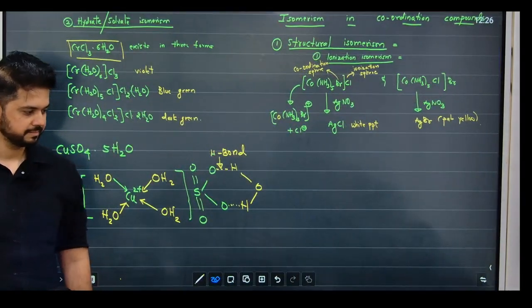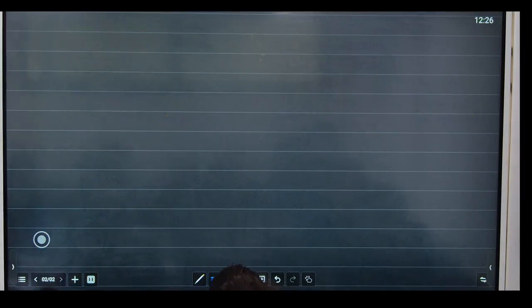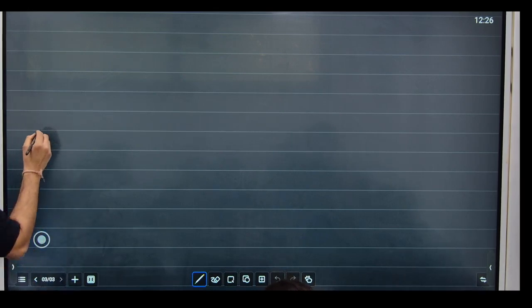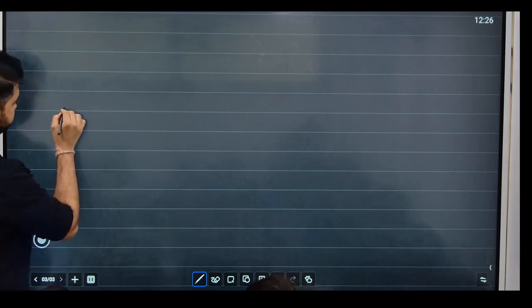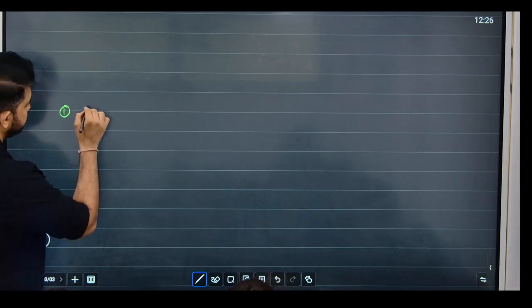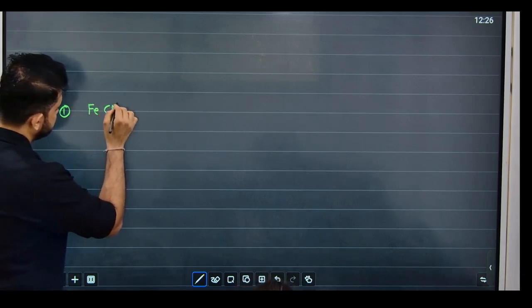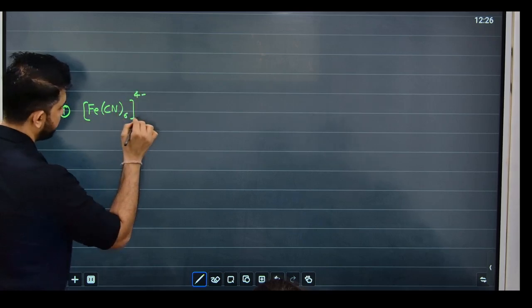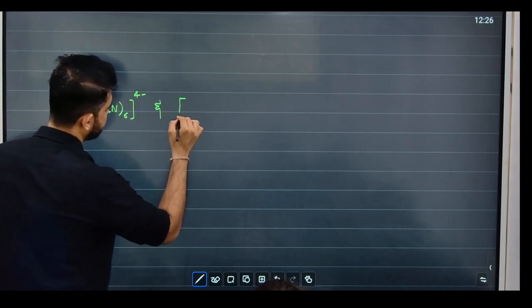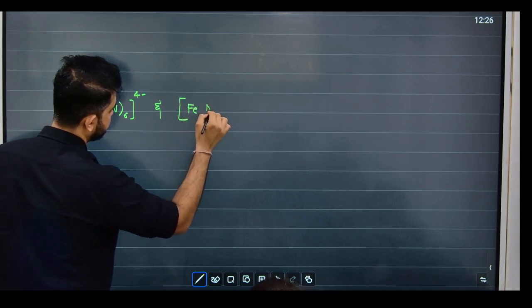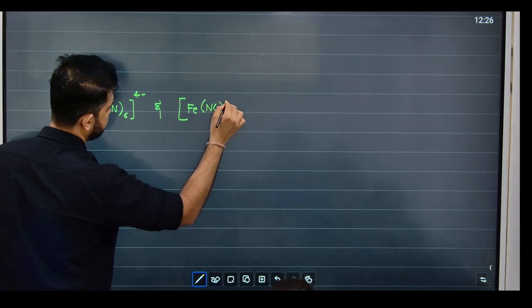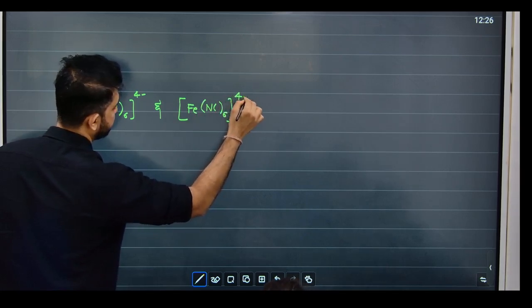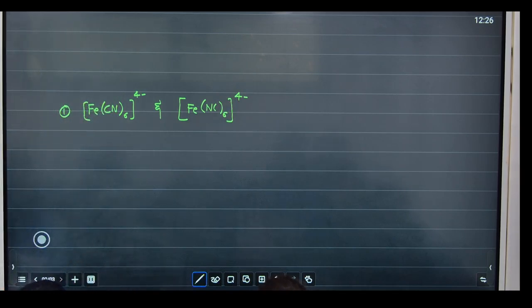Thank you, Ravi. Now people, the next isomer you people have to tell me. You have to explain karo, what do you understand in this. So if I give you first example. What do you see here?